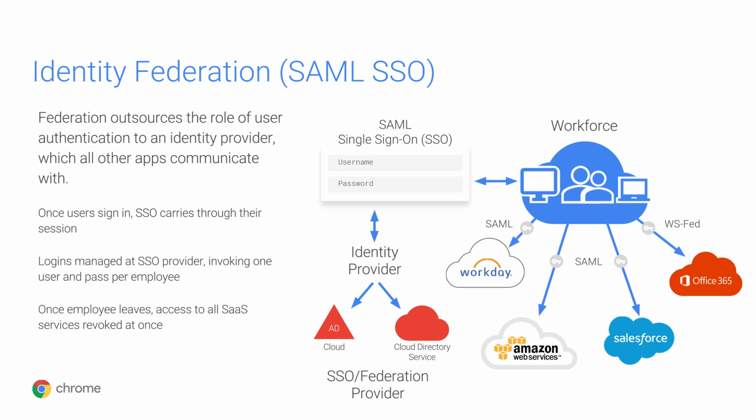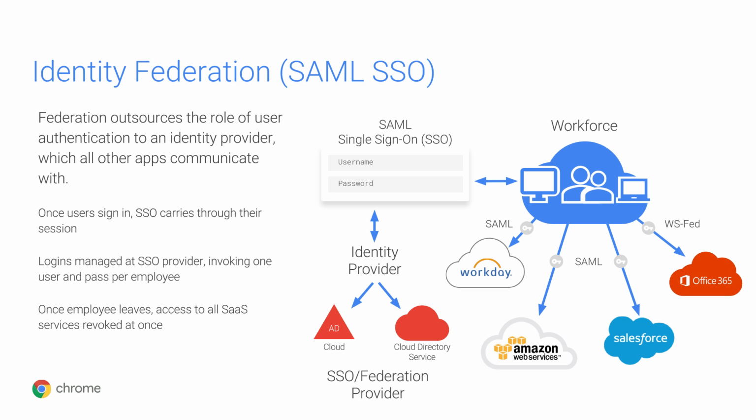And to visualize this in a nicer way, what you see here in the schematic is you have your users and your devices. You have on one end your identity provider, and on the other end all your SaaS applications. So now when users, for example, want to access Salesforce, they just go to Salesforce, and then Salesforce says, well, I don't have your identity, so I'm going to ask you to go prove your identity to me, and then it redirects you to your actual identity provider.